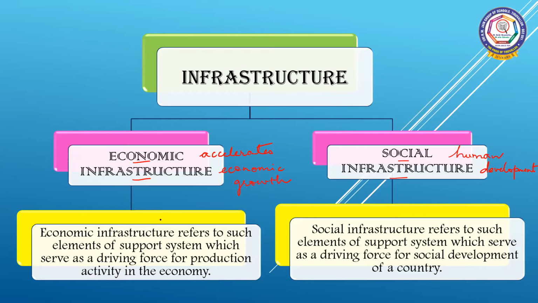Now let us know the definition of economic infrastructure. Economic infrastructure refers to such elements of support system which serve as a driving force for production activity in the economy.